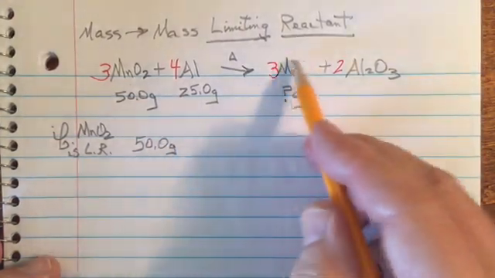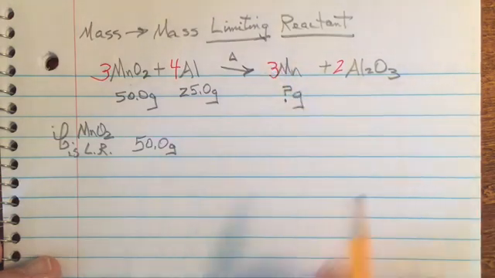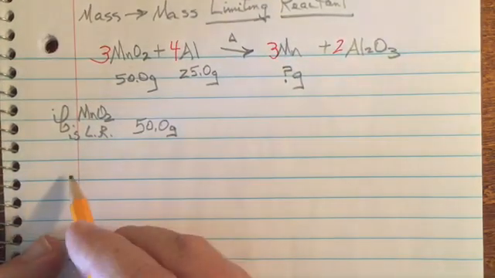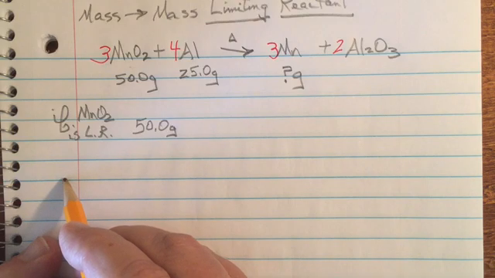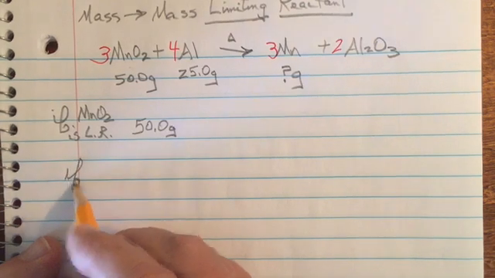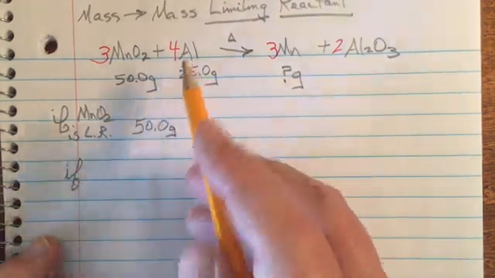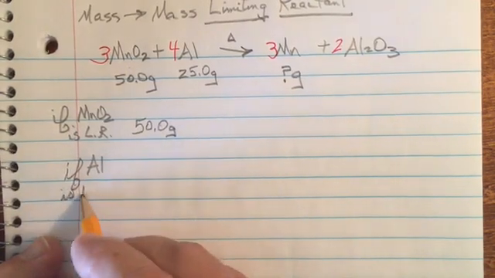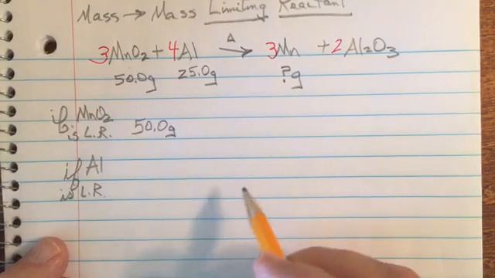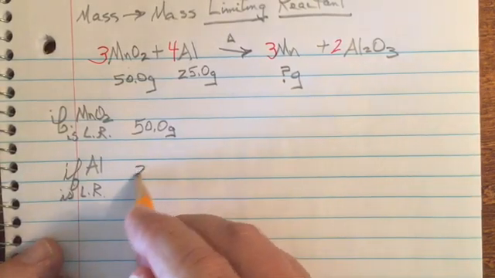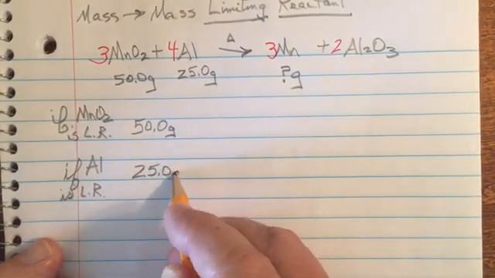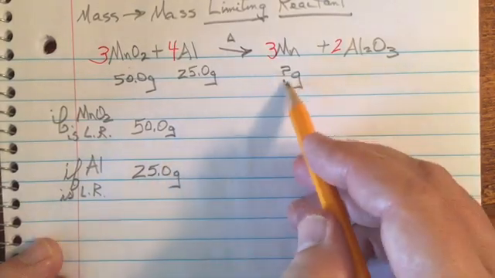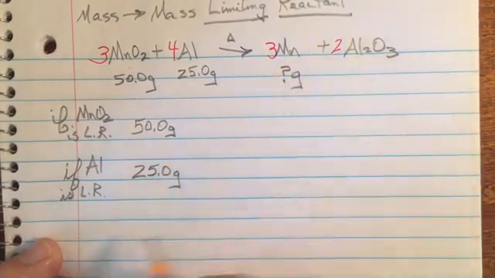How many grams of manganese will that produce? Then the second 3-step stoichiometry problem will make the assumption that aluminum is my limiting reactant. So I would have a 3-step problem where 25.0 grams of aluminum will produce how many grams of manganese.